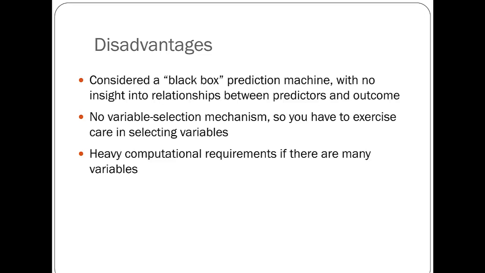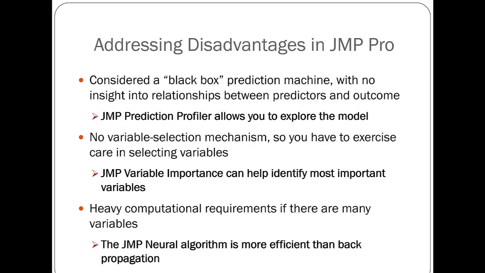So you really need to go through and do some variable selection, like either principal components or even logistic regression or multiple regression fitting to see which variables you want to put into the model. And this can be very computationally expensive if you have a lot of variables especially, so that's another drawback. The people at SAS, the makers of JMP software, have thought about all this, and there are tools inside of JMP that allow you to deal with all of these disadvantages.